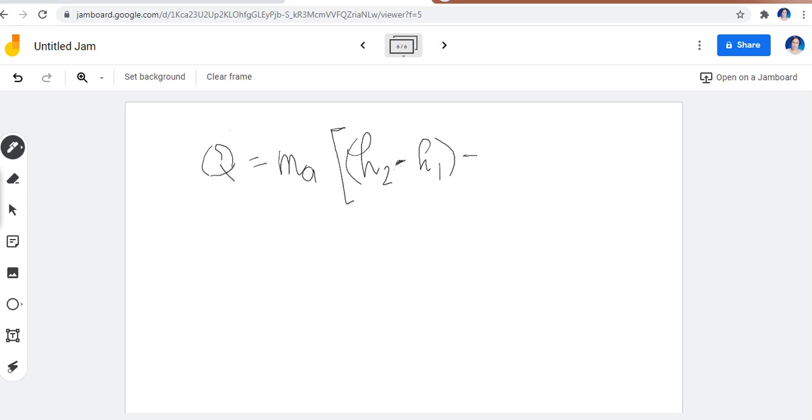The condensate, of course, we'll be using the humidities.